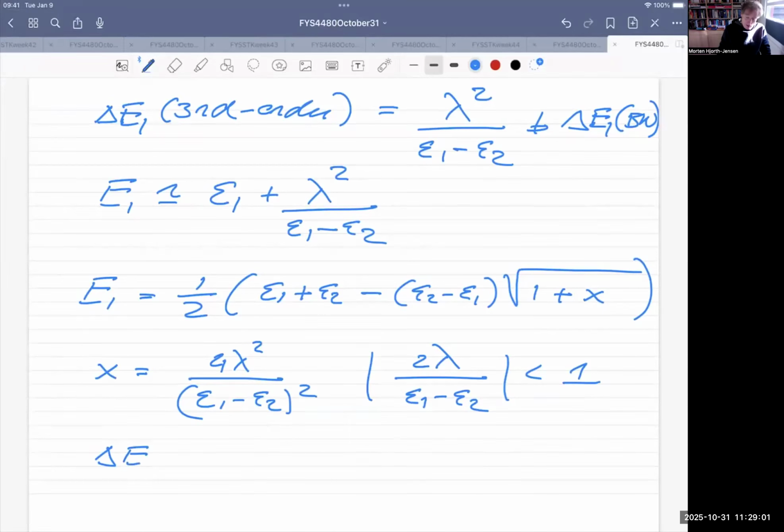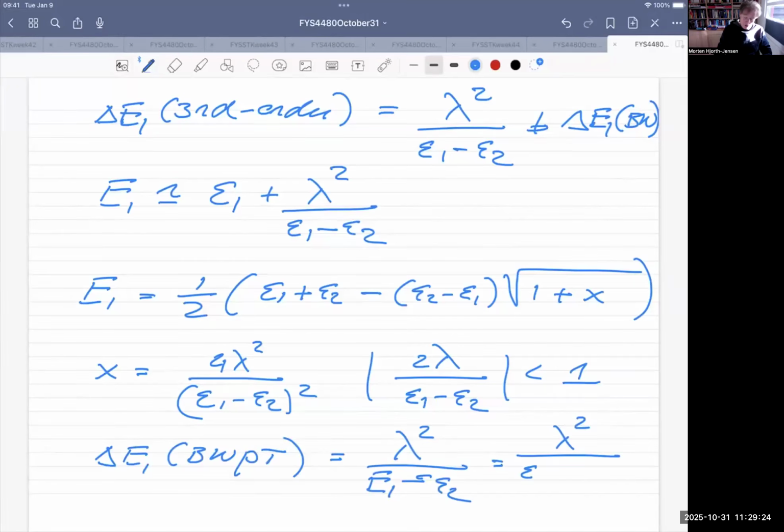So delta E1 of Brillouin-Wigner perturbation theory is equal to lambda squared over E1 minus epsilon 2 here. Now, if I look at this expression, I can rewrite it as lambda squared over epsilon 1 minus epsilon 2 plus delta E1. And then I can expand that one.